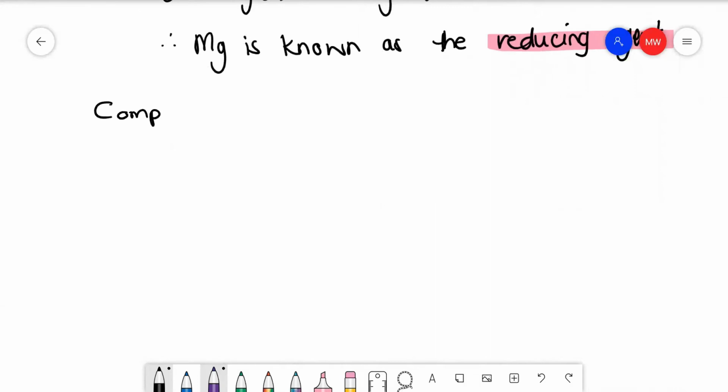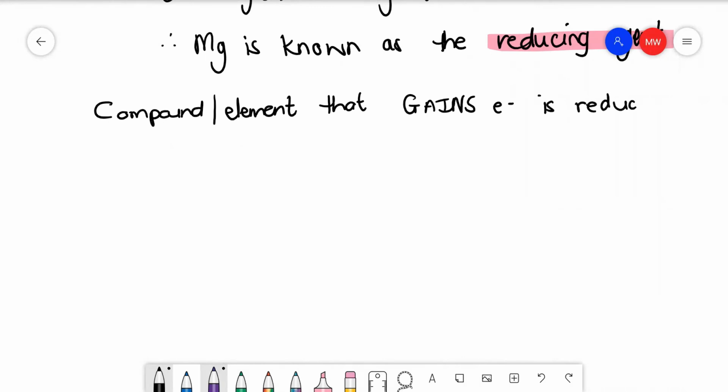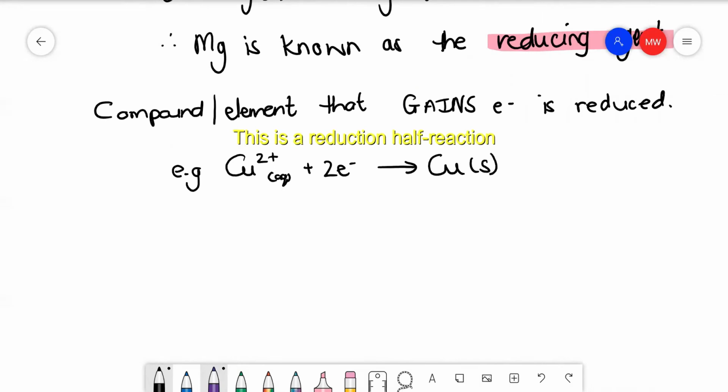And a compound or element that gains electrons is reduced. An example of this is copper in its aqueous form, so copper 2+, plus 2 electrons will become copper in its solid state, and that's the reduction half reaction.